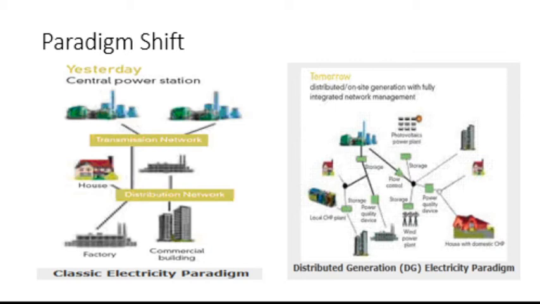The concept of microgrid, smart grid, and distributed generation is that you use renewable energy resources, and those localized resources are placed very near to the end users, so that all transmission line issues and security related issues will be completely eliminated.